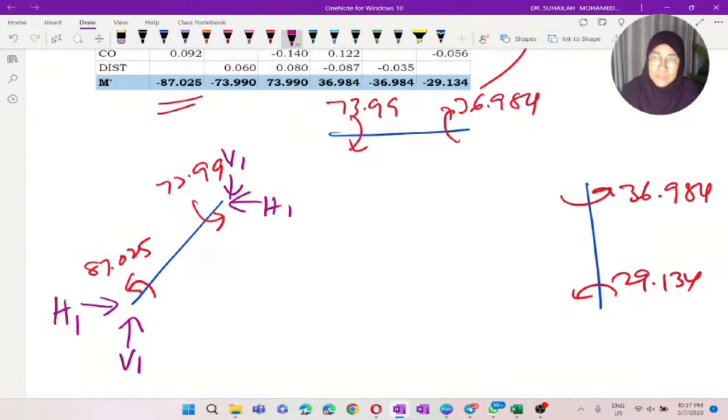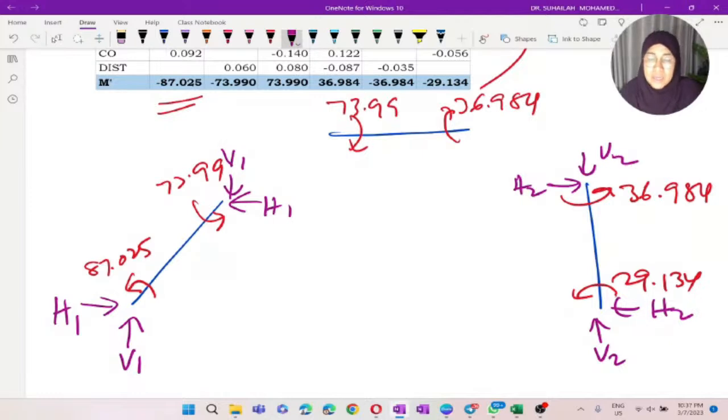For column CD, we will have V2 as well as H2, balanced with this H2 and V2. Then for member BC, we balance back V1 and V2, like this.